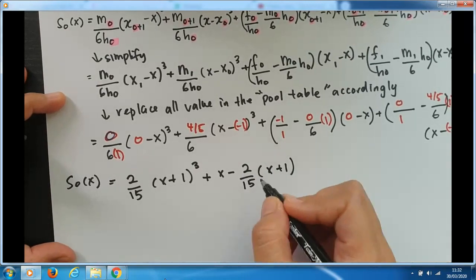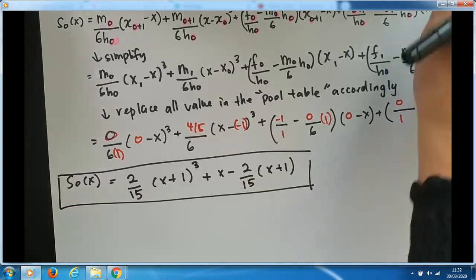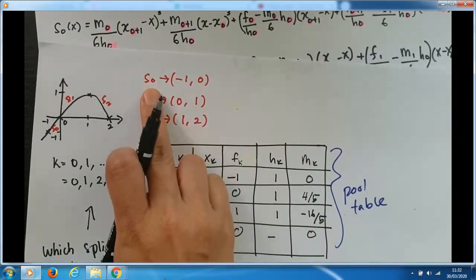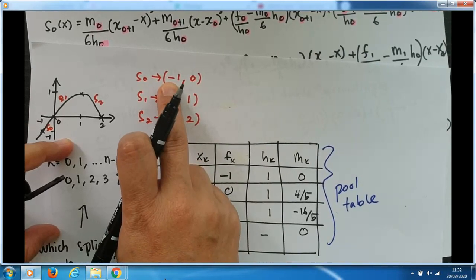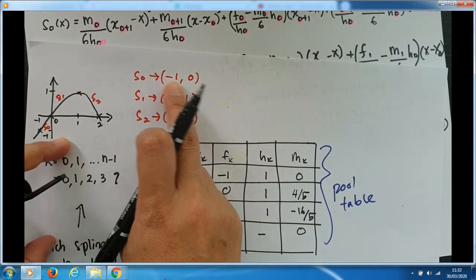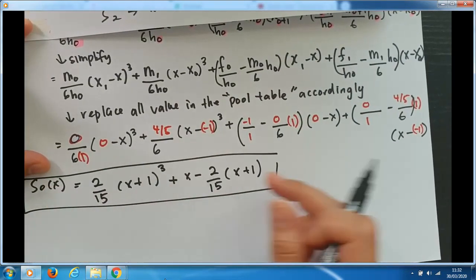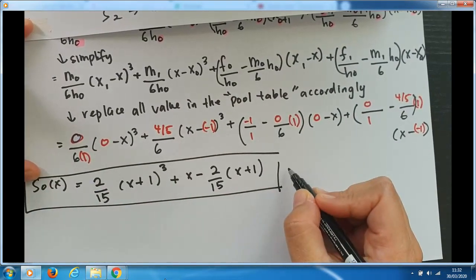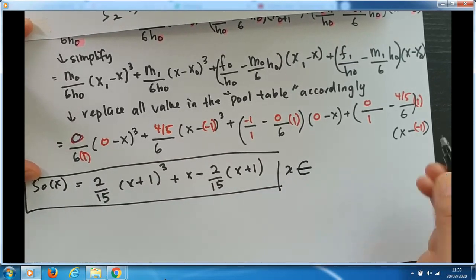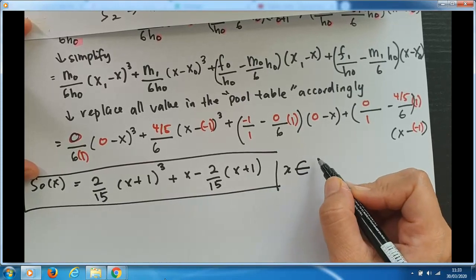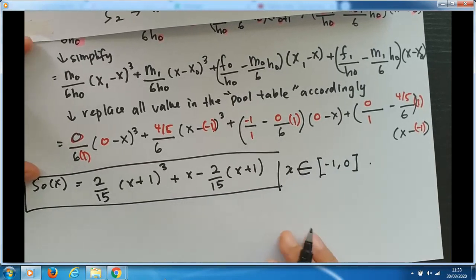Okay. This equation, S0, as I mentioned earlier, is valid only for the value of x between the interval -1 to 0. So this S0 spline 0 equation is only valid if you want to find the value of f(x) between the interval -1 and 0 only.